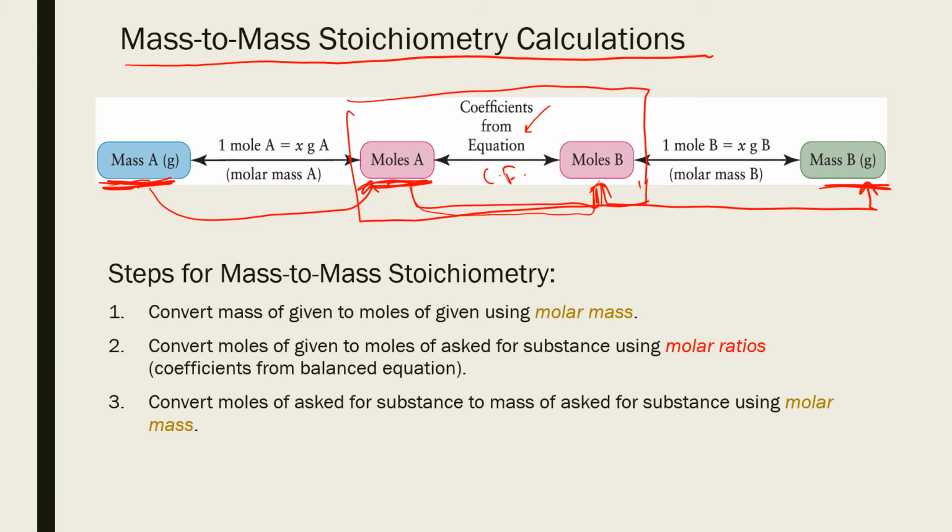The steps for mass to mass stoichiometry are: first, convert the mass of the given substance to moles using the molar mass concept; then convert moles of the reactant to moles of the product B, applying the stoichiometry concept which we learned in the previous slide; and then finally convert the moles of B into mass of B, again using the molar mass concept. So let me explain this by using an example.